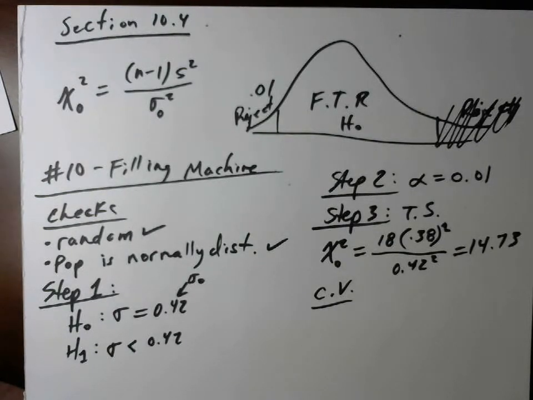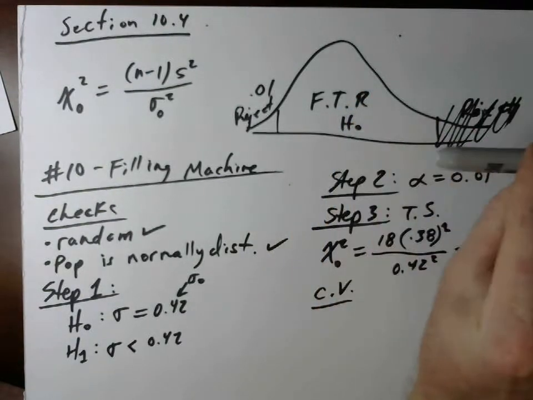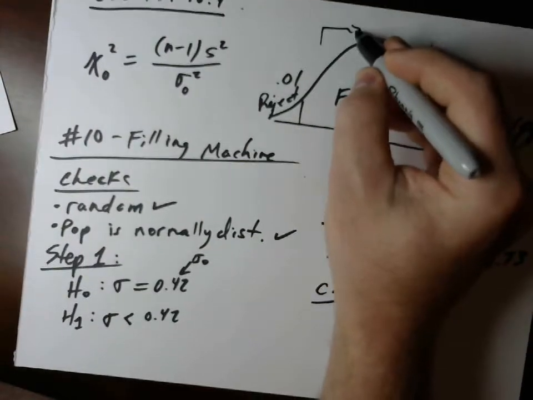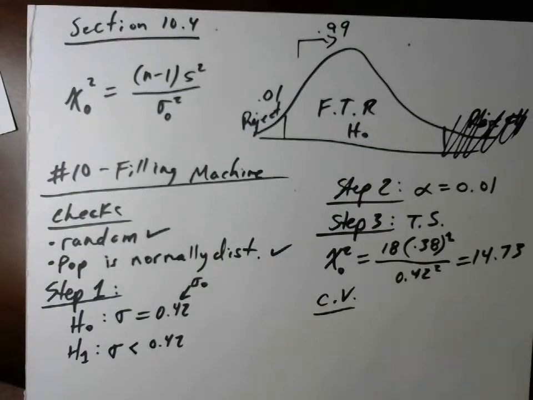It would be 0.99, because the chi-squared table gives you the area to the right. So 0.99 is the area to the right, and with 18 degrees of freedom, that would be 7.015.